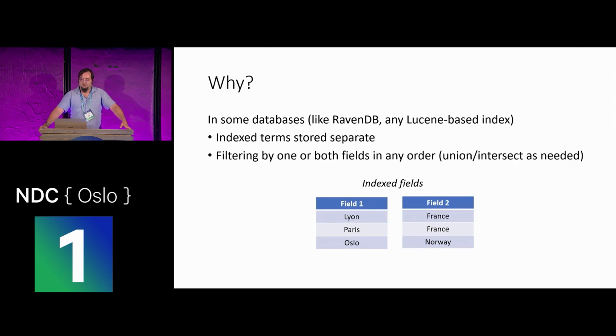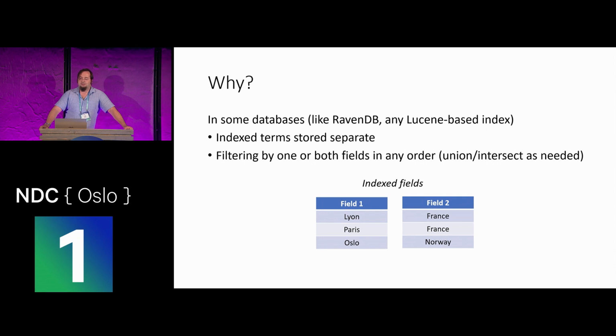In other types of databases, Lucene is a very good example of such a storage engine. Lucene is not exactly a database, it's a storage engine. By the way, can you raise a hand if you have heard about Lucene or Lucene.NET? Nice. More people than I thought, because Lucene is relatively unknown in the .NET space.